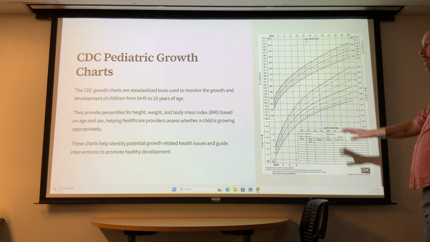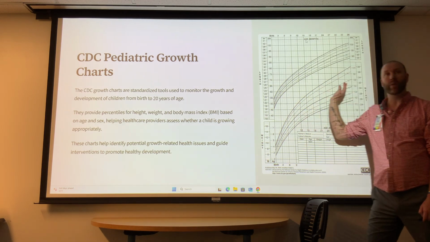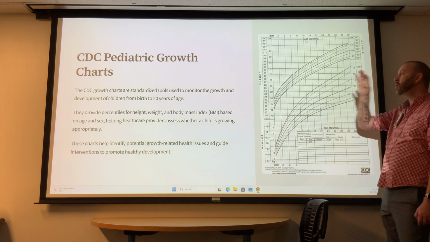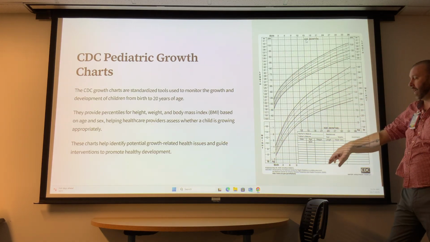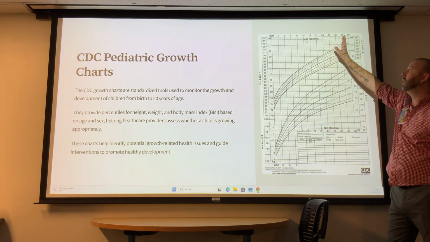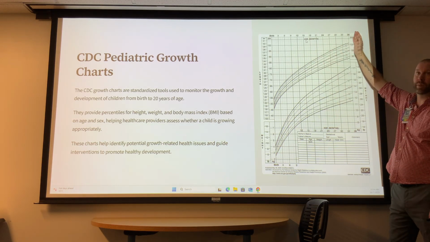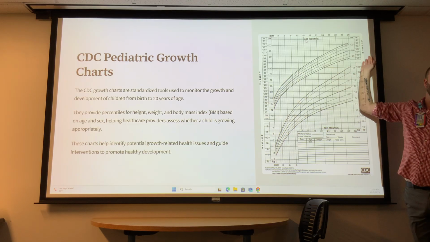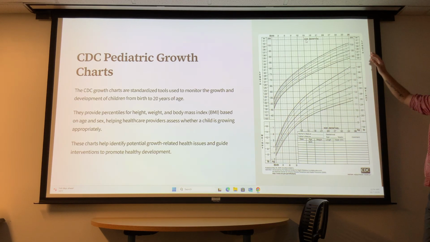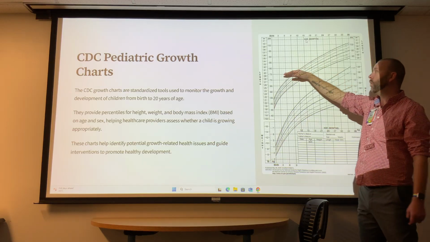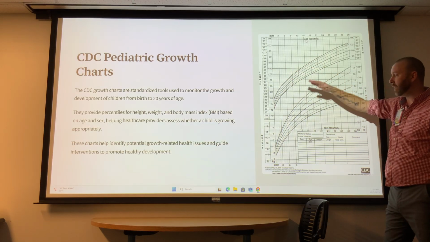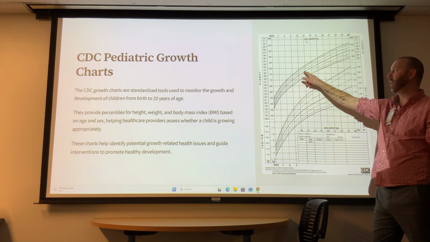So what I have on here, you don't need to memorize it, but essentially across the top and across the bottom is their age in months. This one only goes up to 36 months, and then they have another one that's beyond that. So you look at how old they are, and then what their length was and what their weight was, and you plot it on the chart.